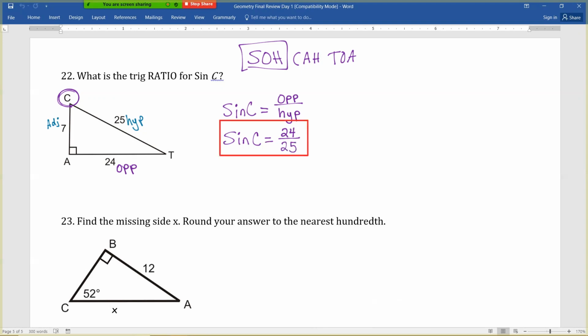This was all we're asked to do. We're asked to find the ratio for sine C. So sine C is the ratio, 24 divided by 25. That's it. Nothing goes into your calculator. You're not evaluating anything. That is your final answer. Questions on that one?